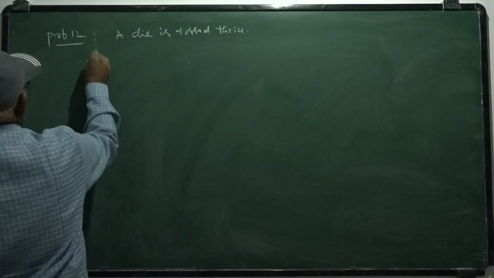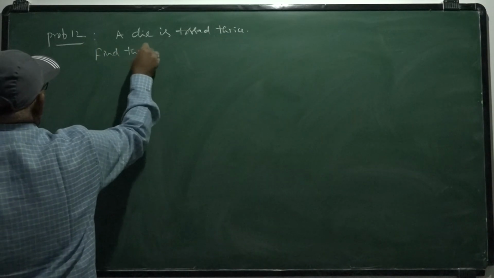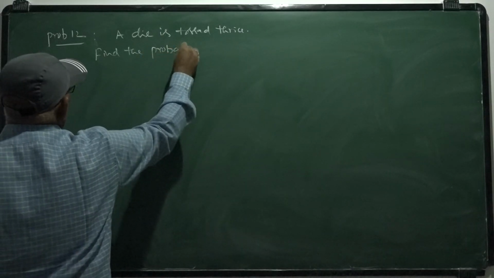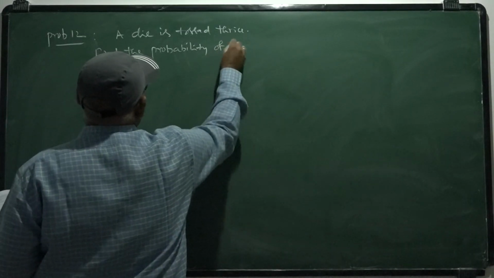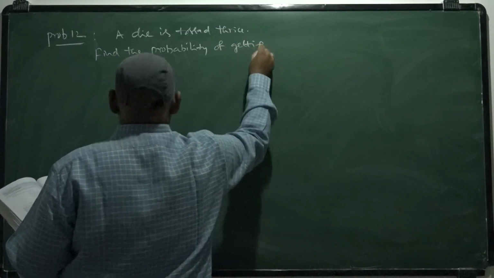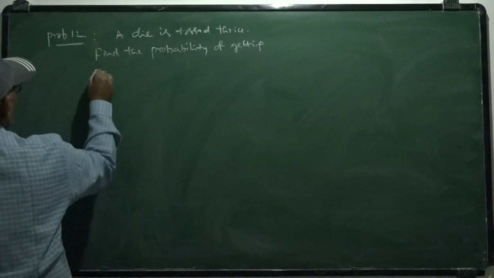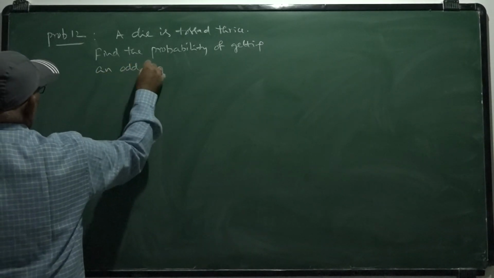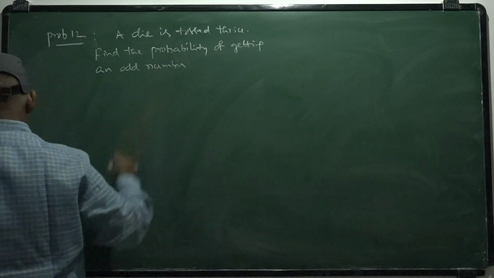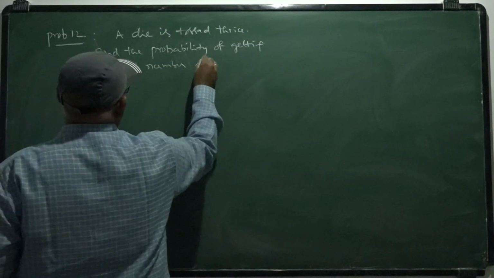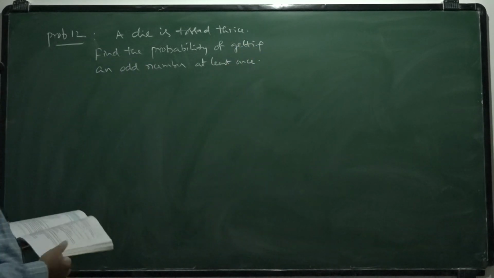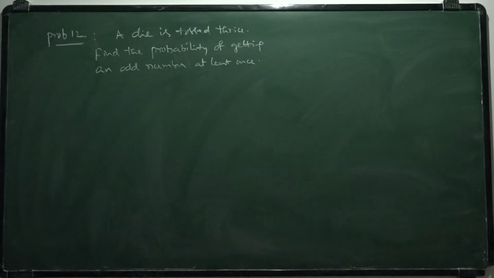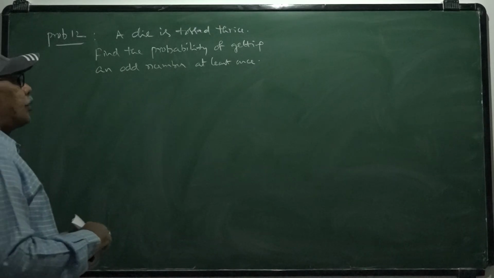Find the probability of getting an odd number at least once. You have to find the probability of getting an odd number at least once. At least once means one or more times you have to get an odd number.